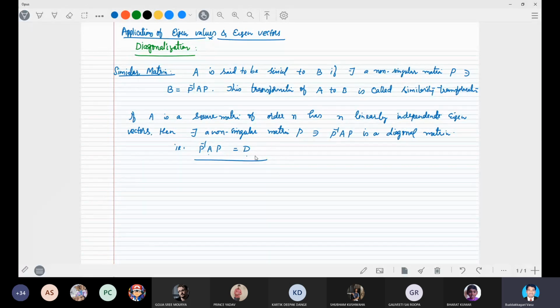The process of transformation into a diagonalized matrix is called diagonalization. Okay, understand? So therefore the matrix P which diagonalizes A is called the model matrix.